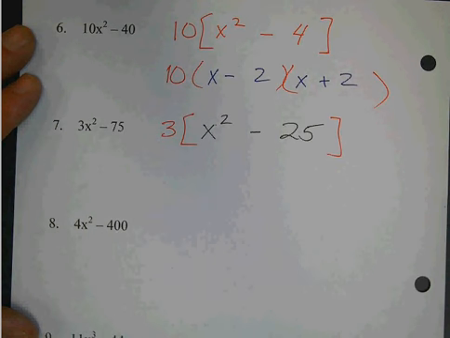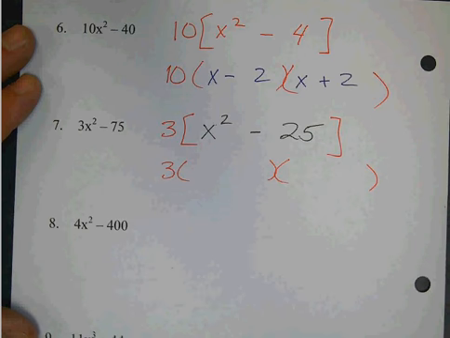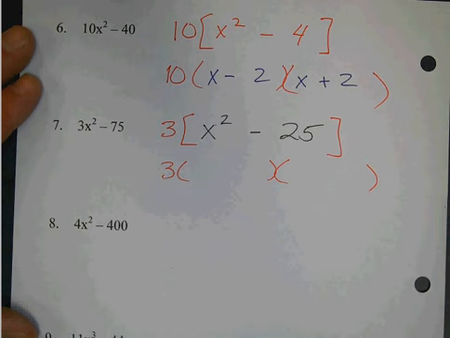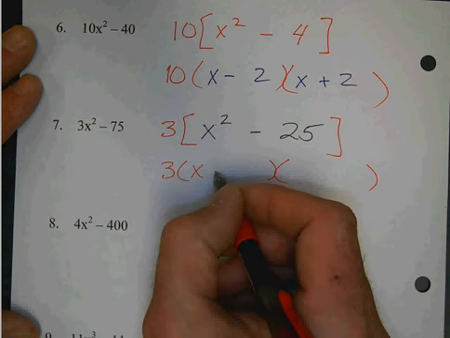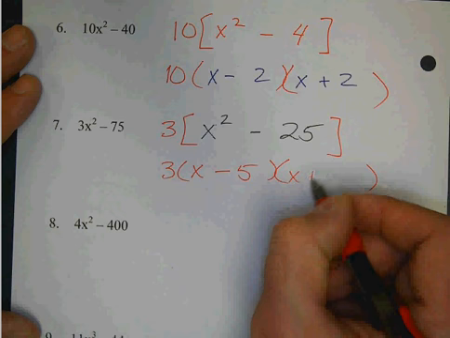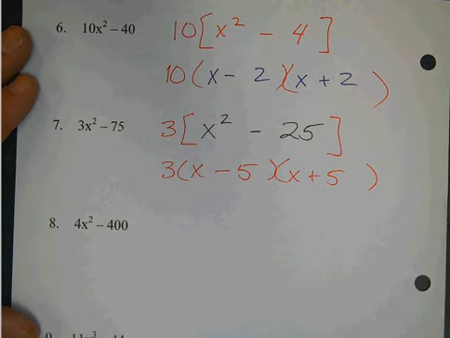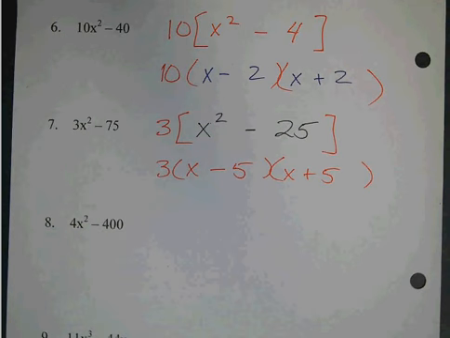Don't forget that squared part. All right, bring down the 3. Who can give me my conjugates? Go ahead, Jalan. 5, and x plus 5. Are these pretty straightforward? Once you pull out that GCF, it should be pretty easy.